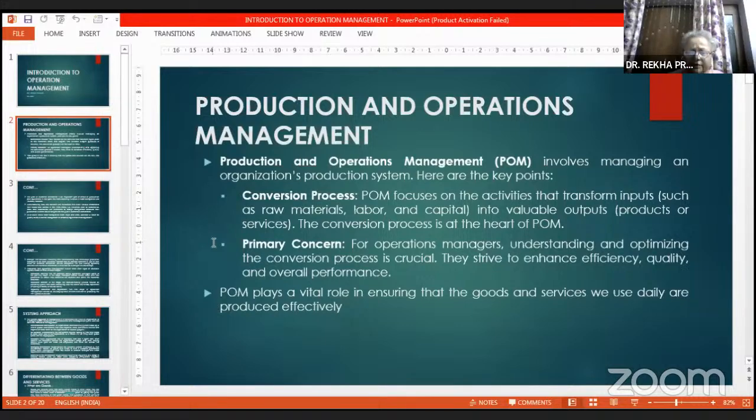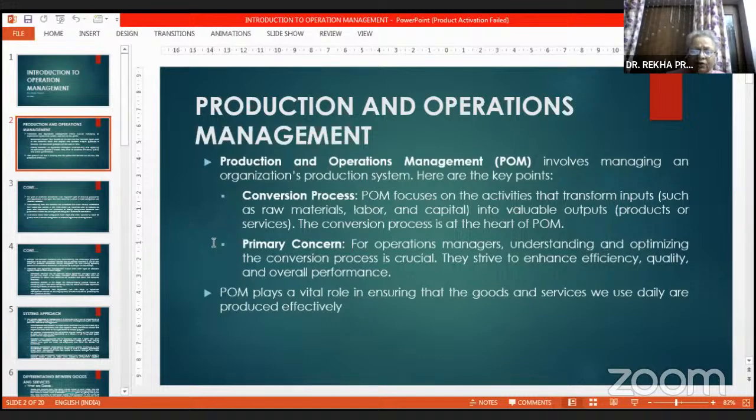There is a difference between service and good. But how it will reach the audience or the consumer which requires them, that is the same. It is a conversion process. For example, if you're manufacturing some good, it might be dress material.